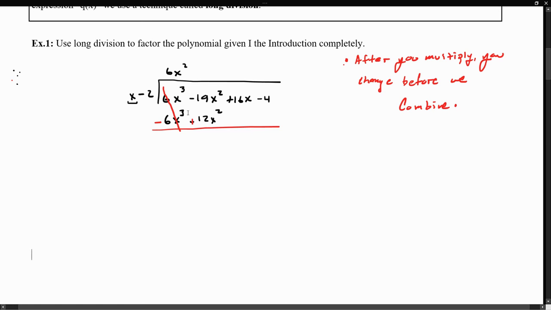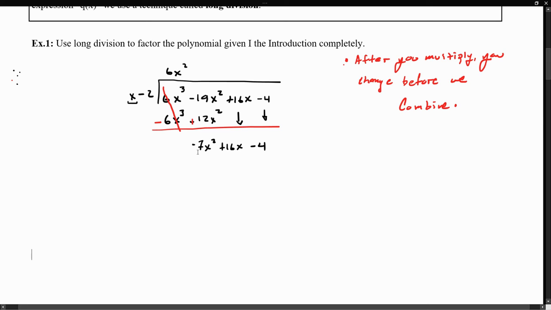So that cancels out. And now -19x squared plus 12x squared, that's equivalent to just -7x squared. And now these two expressions that we do still have left here, we're just going to bring them down. So if we bring this down, we're going to have 16x, and if we bring this down, it's going to become -4.